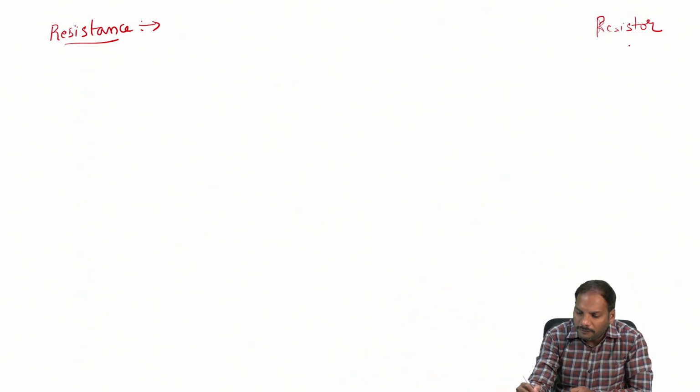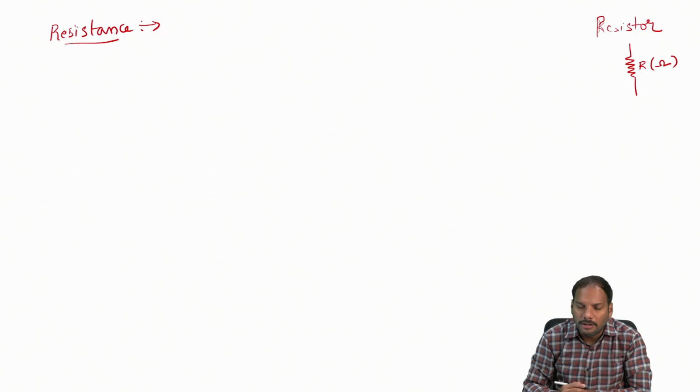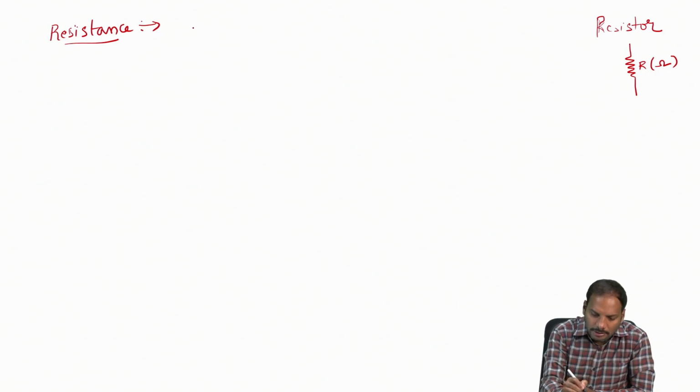The symbol for this resistor is well known to us. This is the symbol we usually use, and the unit of resistance is ohms. Before going ahead, I would like to make a small definition of resistance.